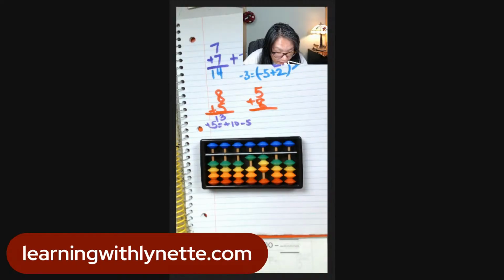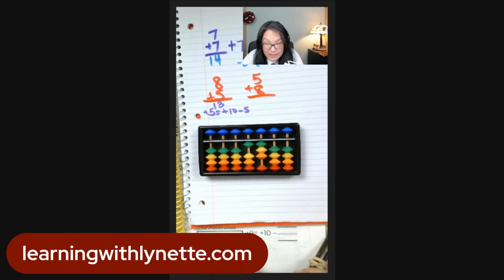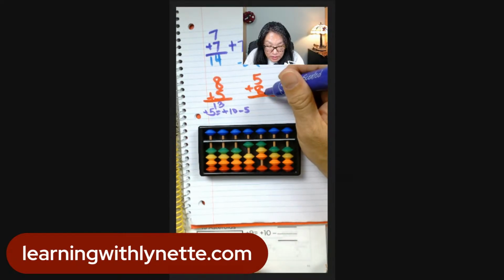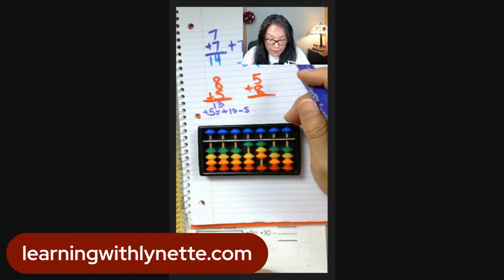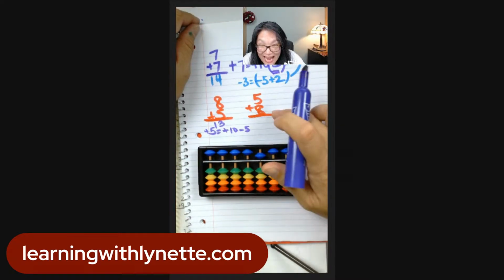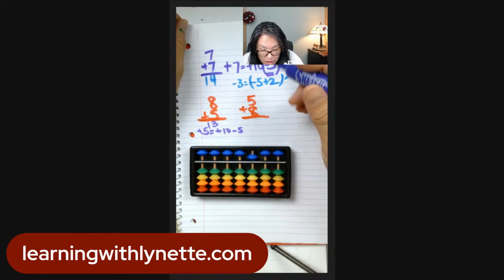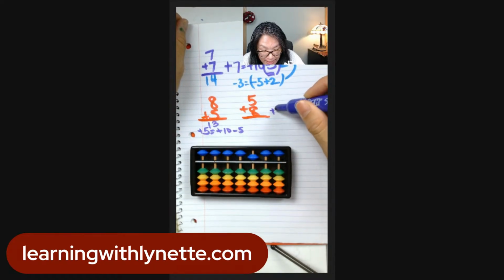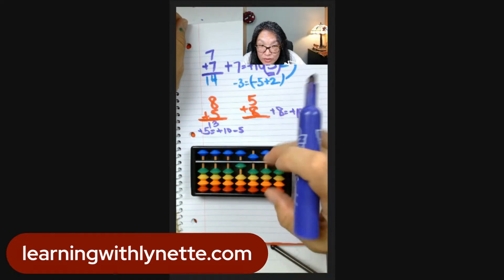It gets a little hairy when we start looking at the 8, right? If we have 5 on our abacus, we want to add the 8. We cannot add the 8. So what are we going to do? Adding the 8 is equal to plus the 10 minus the 2. So we're going to add the 10. But guess what? We cannot take away the 2.